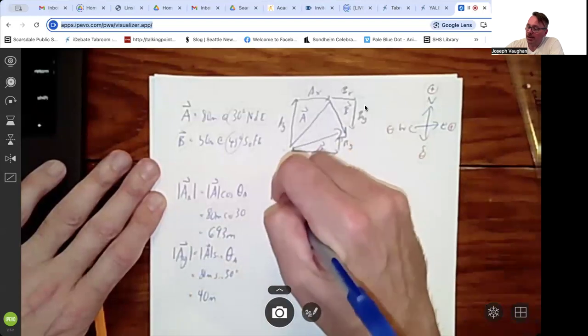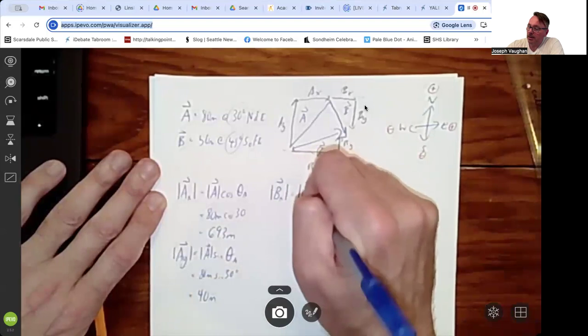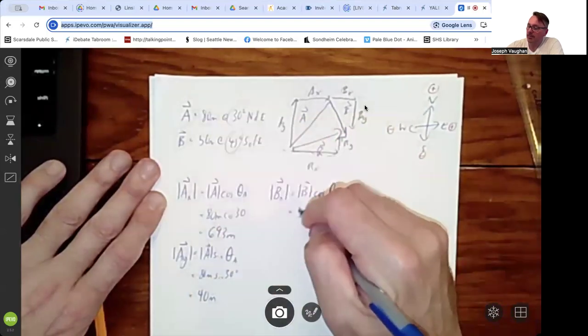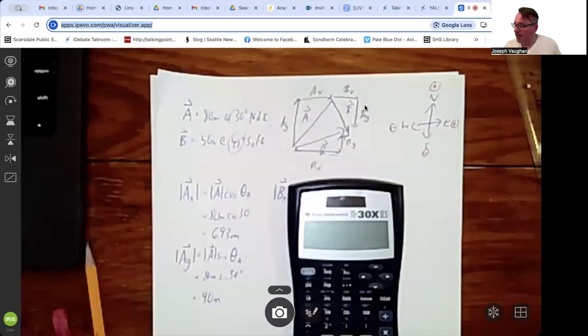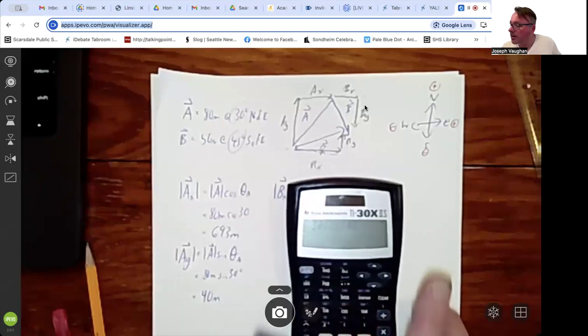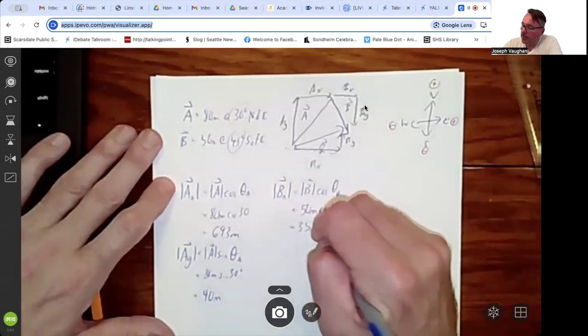And I'm just going to make a nice little pattern here. BX, B cosine theta B. So that's just taking the parts, 50 meters, cosine of 45 degrees. Plop that in my calculator. Oops, 50 cos 45, 35.4 meters.